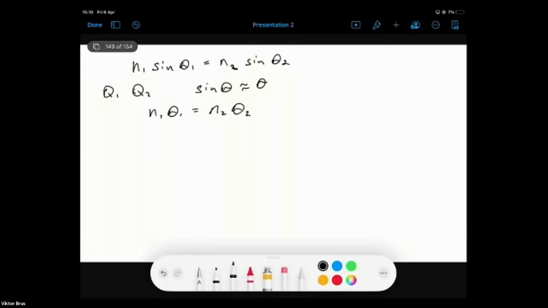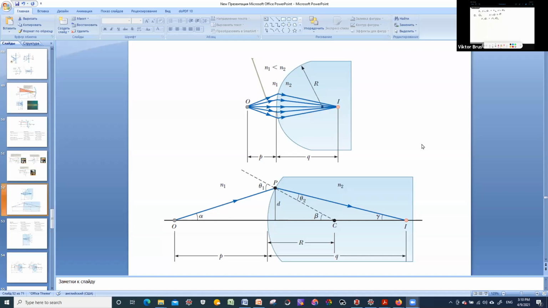So now let us take a look again at this slide on the bottom image. We have some ray which is approaching the interface between two transparent mediums from the right side.